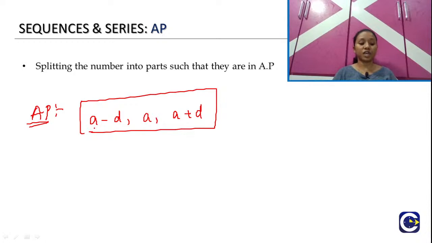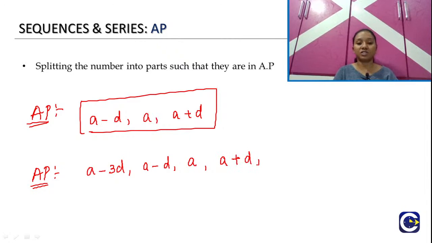If we are splitting the number into five parts, then it should be odd terms: a minus 3d, a minus d, the middle part a, and then a plus d, a plus 3d.